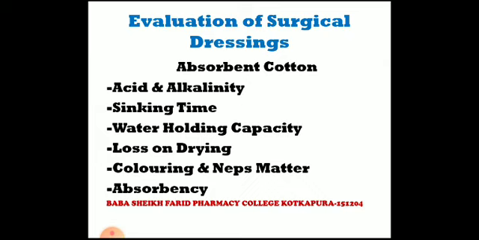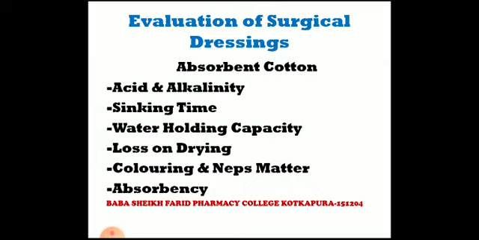It's an official test. Now, the biological source of absorbent cotton: it consists of epidermal hairs of the seed of Gossypium and other species belonging to the Malvaceae family.